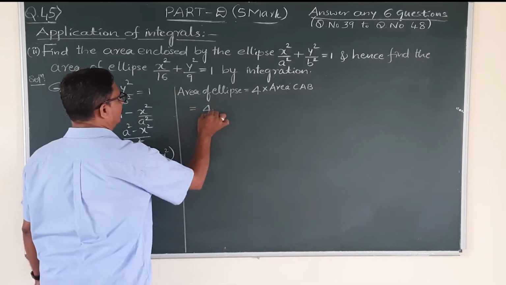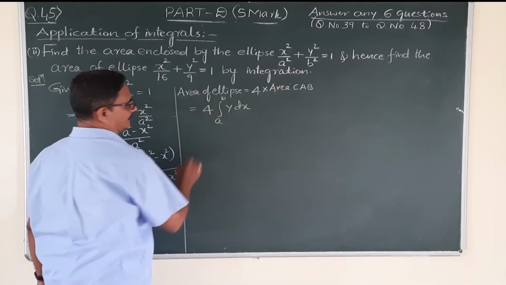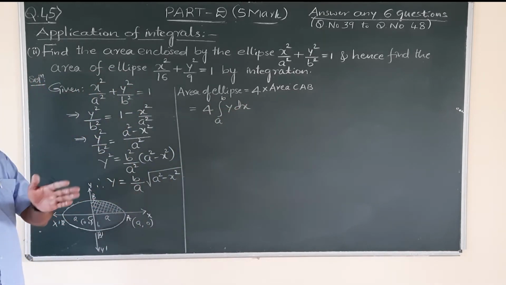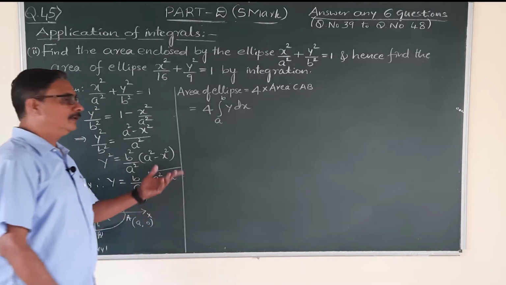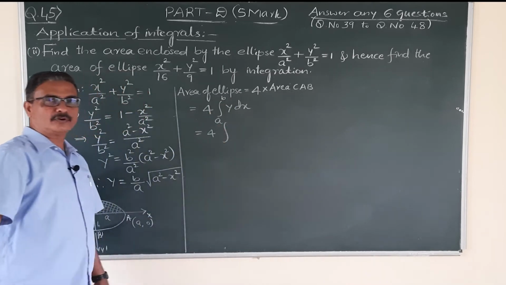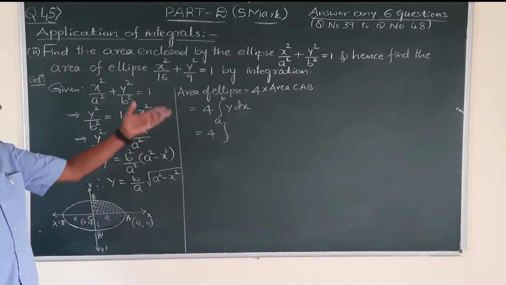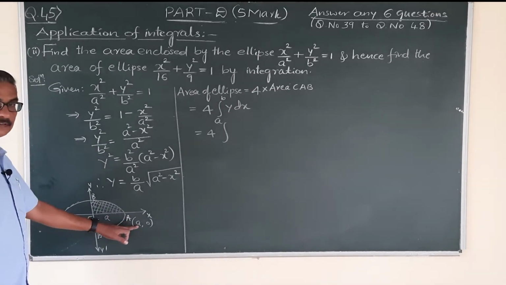That is 4 times the integral from a to b of y dx, because the area bounded by the curve with the x-axis is given by the formula integral from a to b y dx. So that is 4. a and b are limits of integration. a is the lower limit, b is the upper limit. Here the lower limit is x equal to 0, upper limit is x equal to a.